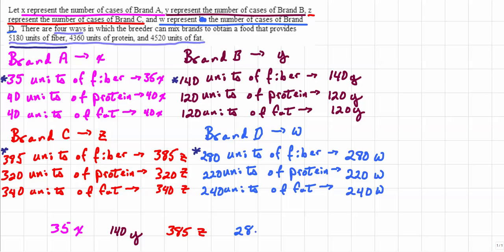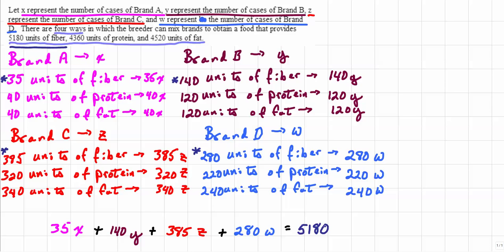We're going to add those together, and the sum of those four items is going to yield the total units of fiber, which is 5,180. So this gives us one equation and four unknowns.